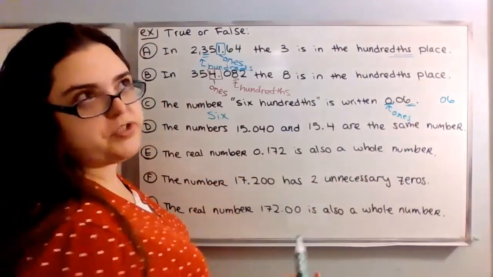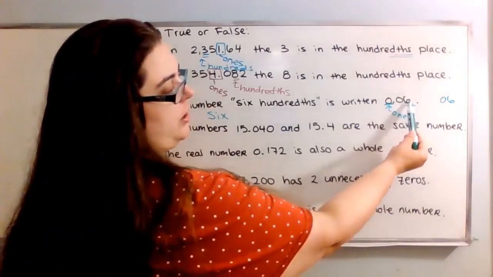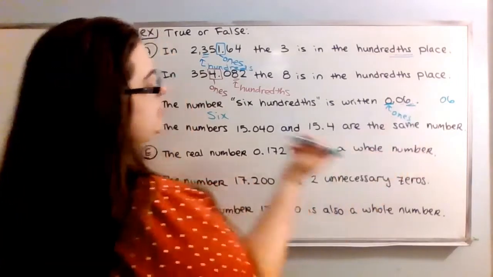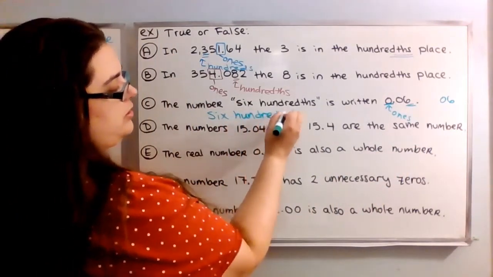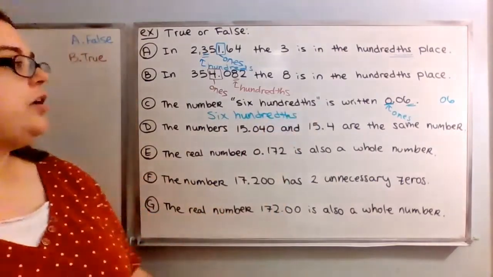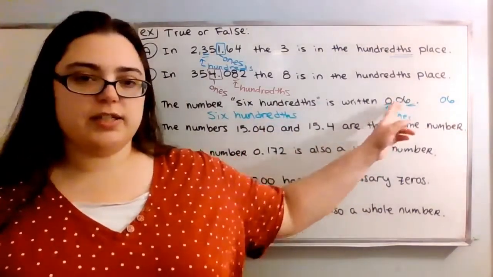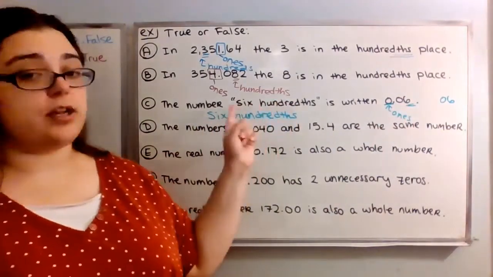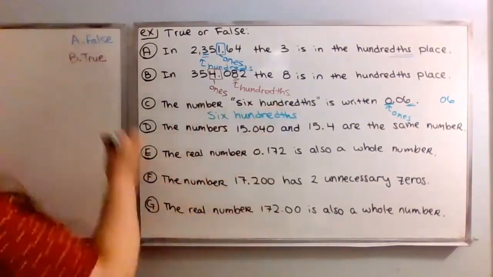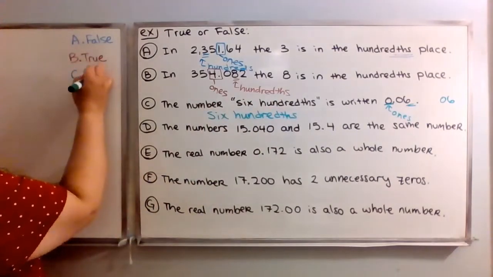And then we'll count the place values. We have tenths, hundredths. So the 6 is in the hundredths place. So the name of 0.06 is going to be 600ths, which matches what they have here, 600ths. So there we go. C is going to be true.